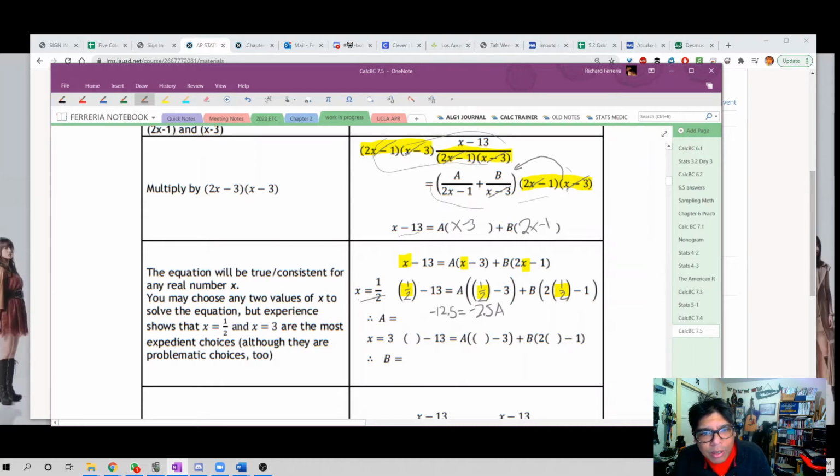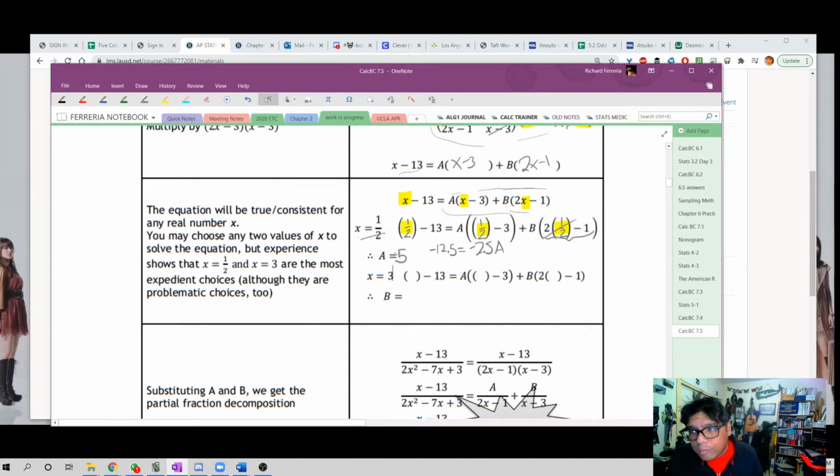And this over here, that's 0. So choosing 1/2 allowed us to make one of these two partial fraction pieces equal to 0. Doing the division, we get that A is 5.